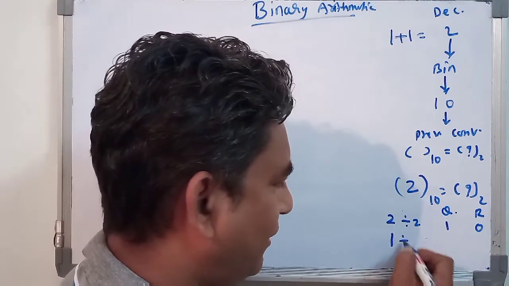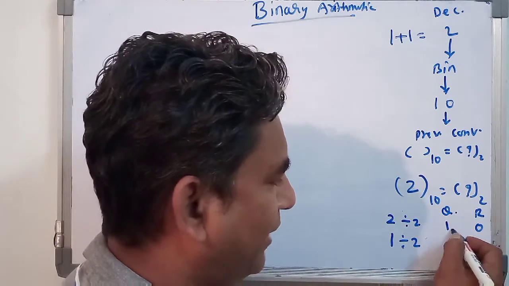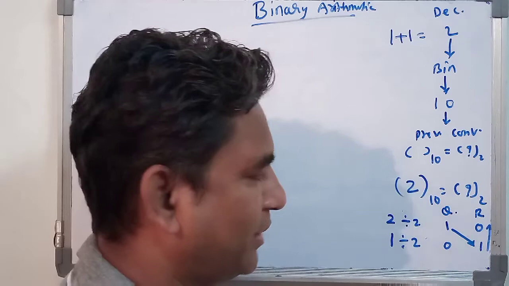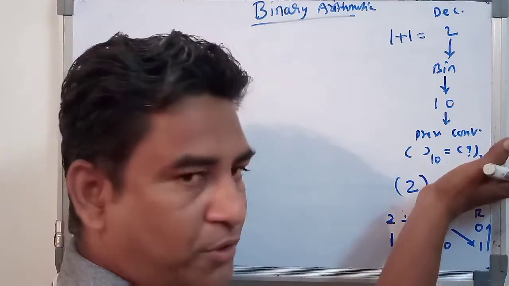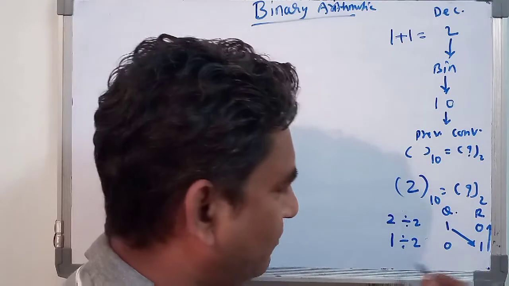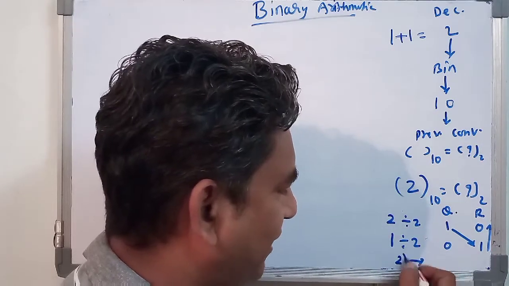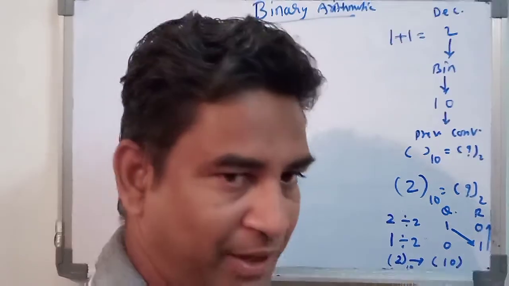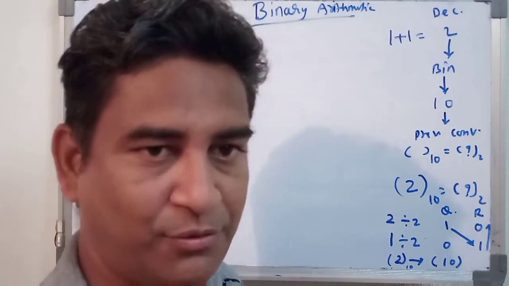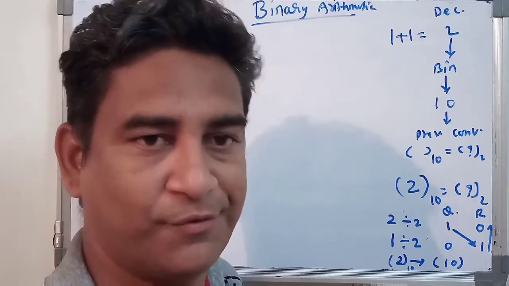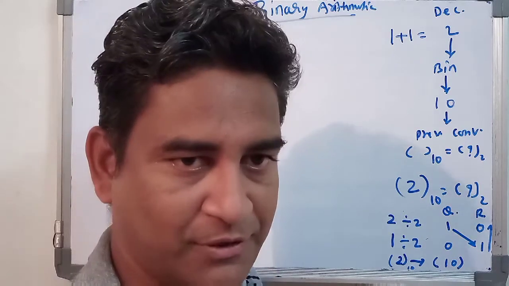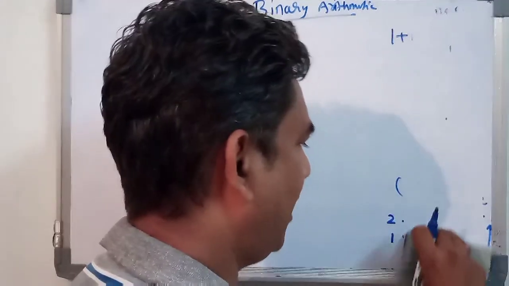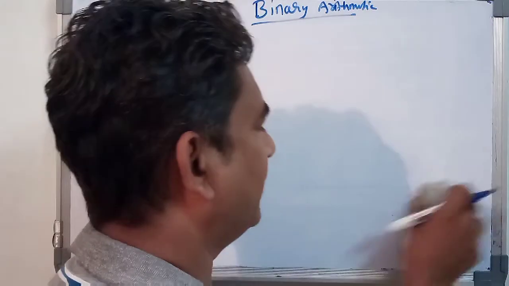Then 1 divided by 2 gives 0, and the remainder 1 is carried. Reading from bottom to top, from LSB to MSB, the 2 has been converted and you get 1 0. You don't spell it as ten; you spell 2 as 1 0 in digital electronics. This was one example of how 2 is written.